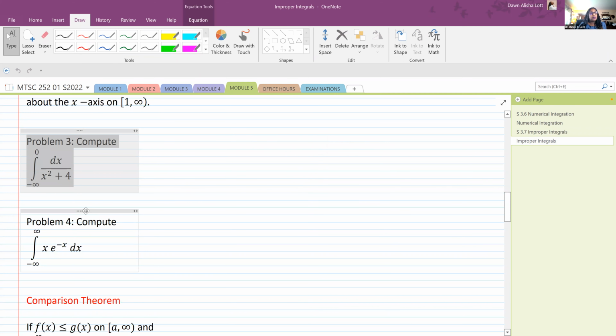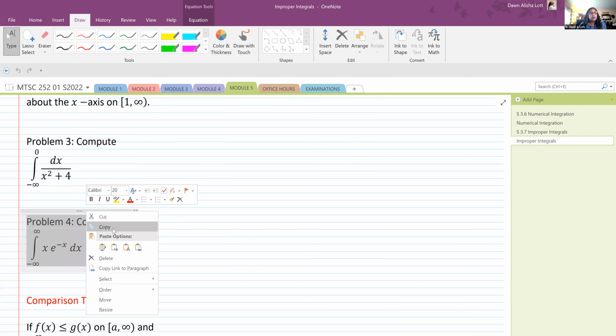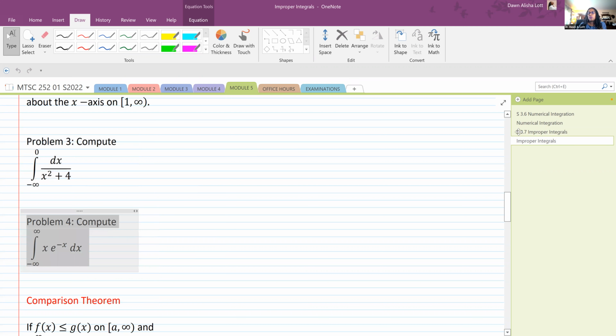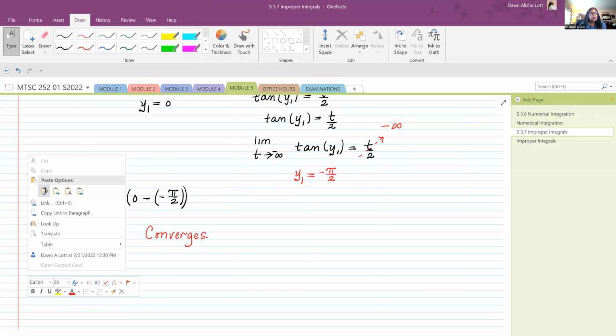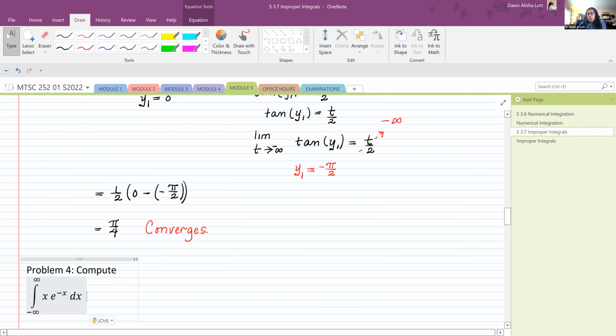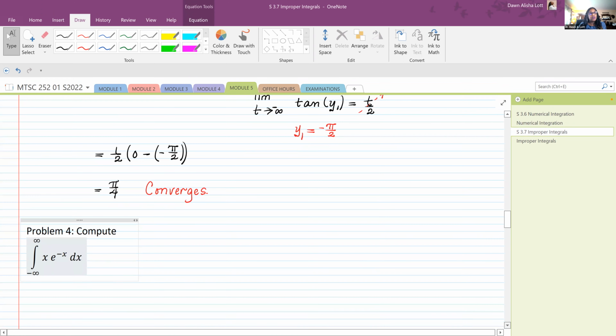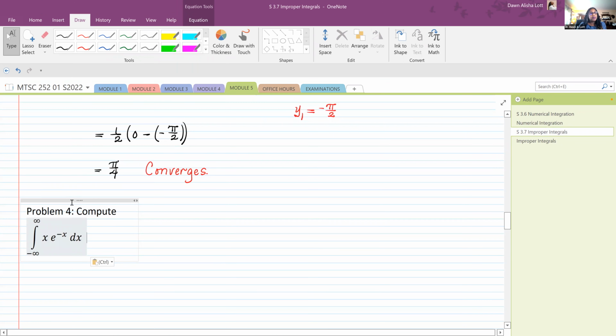All righty. Let's compute this next one. Here's one from negative infinity to positive infinity.